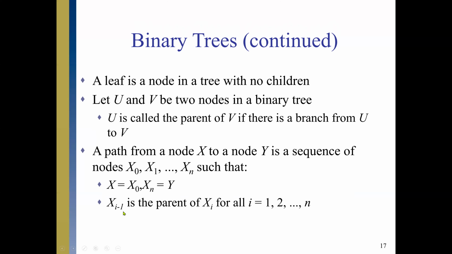Always we know the parent comes first before the children. Parents always at the top, children at the bottom. So the node again, Xi minus 1, which is previous, will be the parent of Xi, for all i from 1 to n. n can be any size.